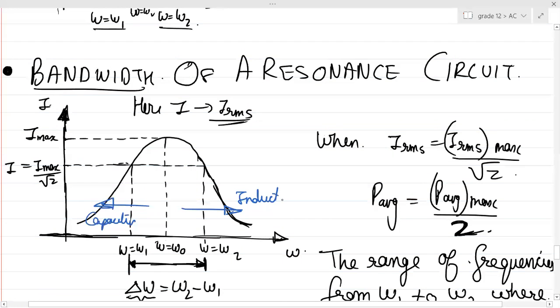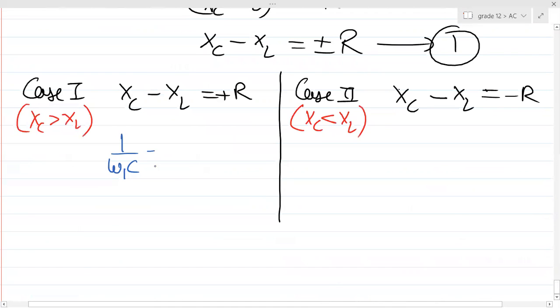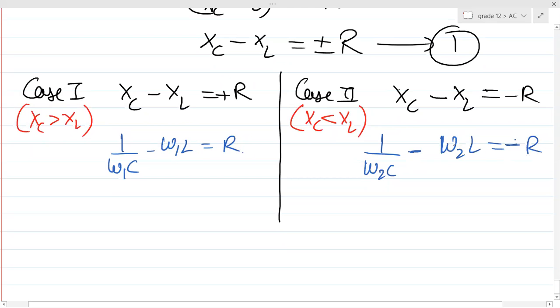So when I solve for this quantity, I'll solve for omega 1, and when I do it for inductive, then in the second case I'll go for omega 2. So from here 1 upon omega 1 C minus omega 1 L is equals to R, and from here 1 by omega 2 C minus omega 2 into L is equals to minus R. Yes or no, guys?